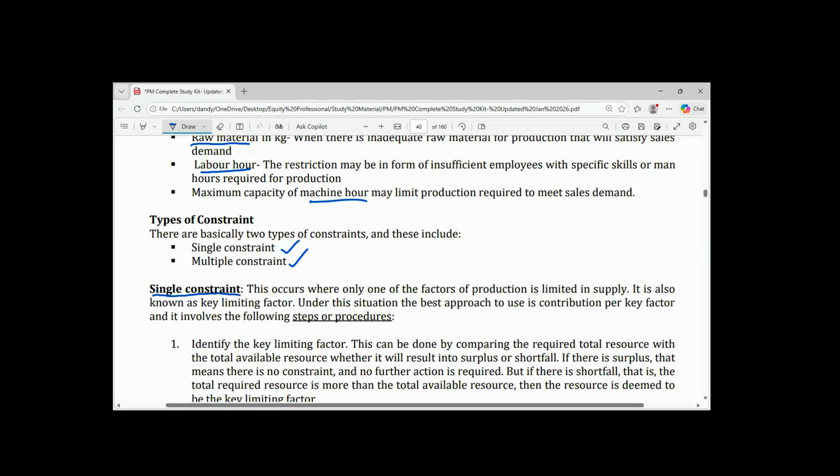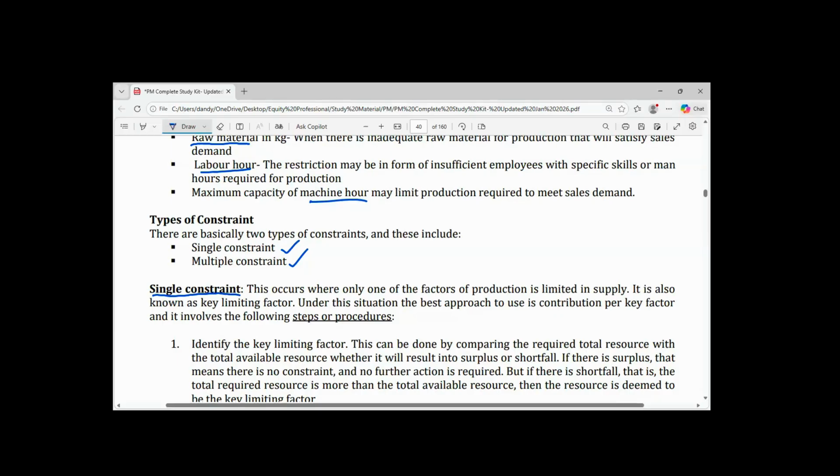For example, if raw material is not sufficient to produce, but other factors of production or other resources required to produce will be readily available. So like I said, if raw material is not sufficient, that's a constraint, but other factors like labor hours or machine time will be sufficiently available for production. So only one constraint is limited in supply.